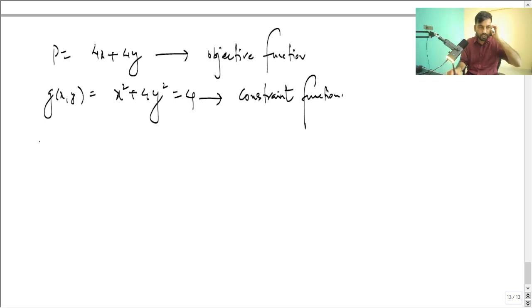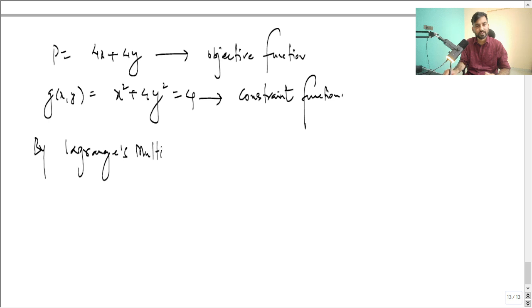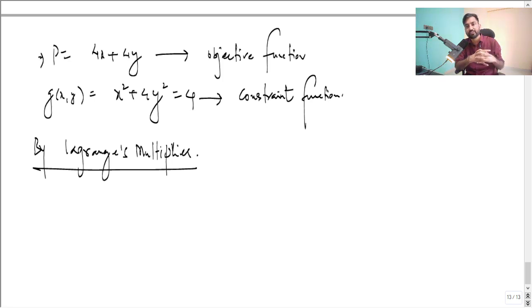So what you can do here is, by the Lagrange's multiplier method, you have to take the gradient of the objective function, which has to be parallel with the gradient of the constraint function.